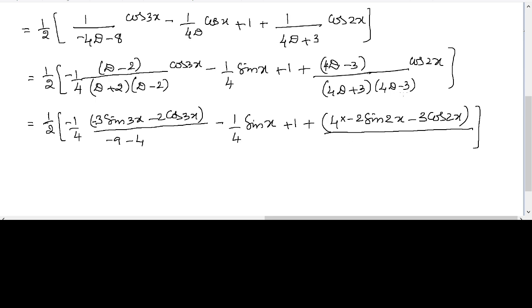4d plus 3 into 4d minus 3, that becomes 16d square minus 9. So that is 16 into d square. What is d square here? Minus 4. Then minus 9. So now by simplification we get 1 by 2 into minus 1 by 4, and here you can take minus outside from these two in the numerator, and here also you can take minus outside.